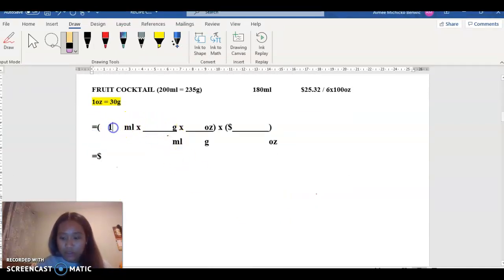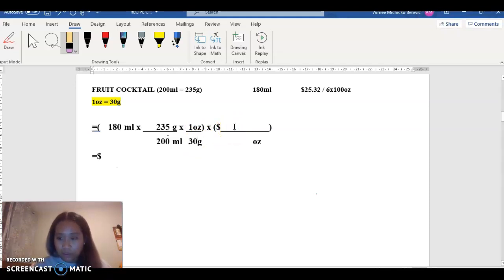item, we have 180 ml. We're going to use 235 grams, as we can see in our weight equivalence, for 200 ml. So we have to go to ounces, so we have to convert further. In 1 ounce, we're using a hard conversion here, there's 30 grams.